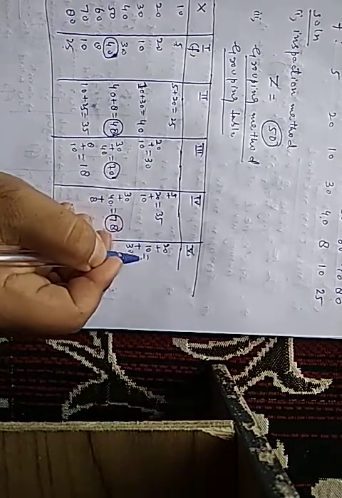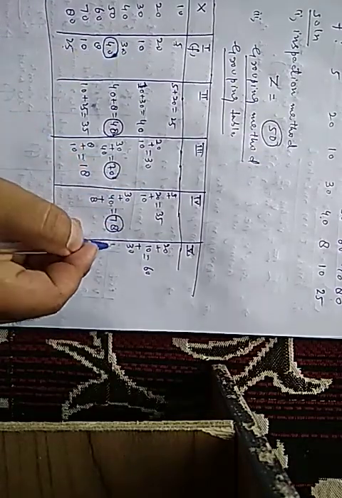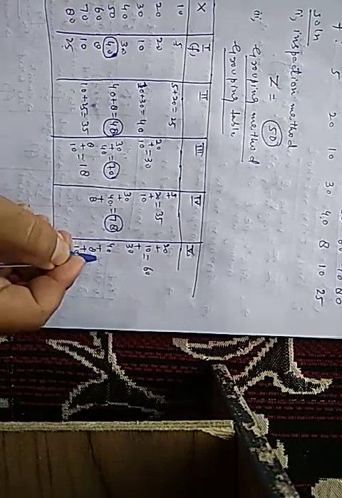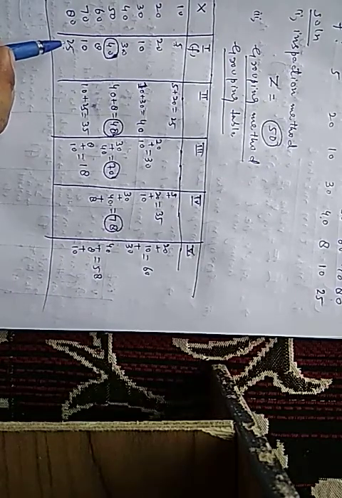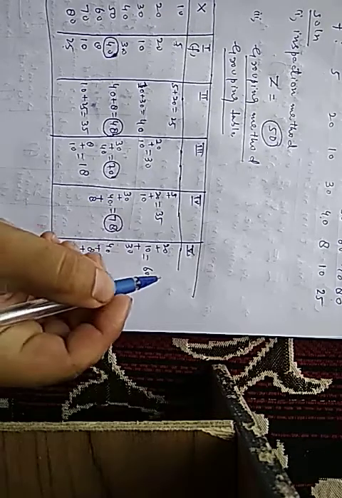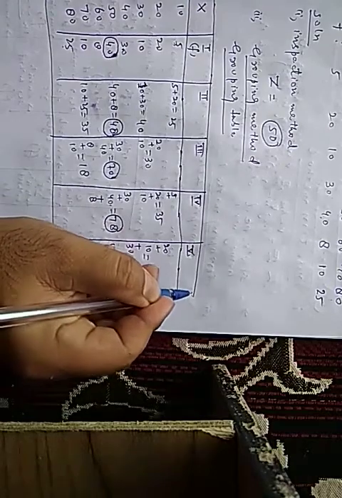It will be 20 plus 10 plus 30, which is equal to 60. Then 40 plus 8 plus 10, it will be equal to 58. There remains 25. It is single. It will not be included because we have to add the frequency in threes in the fifth column. Among these frequencies the highest frequency is 60.